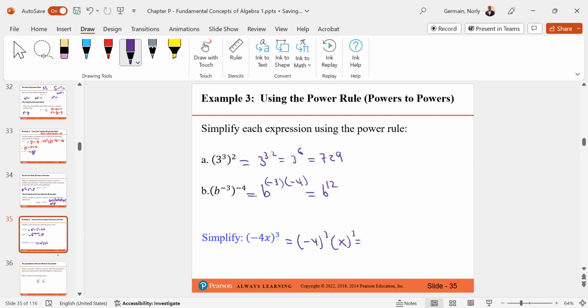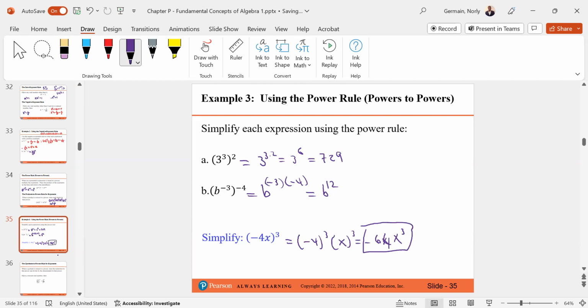Remember, if the base is negative and the exponent is odd, the answer is negative. So power 3, power 5, power 7, etc. So we're going to have negative 64 x to the 3rd power, and that will be the answer for that expression.